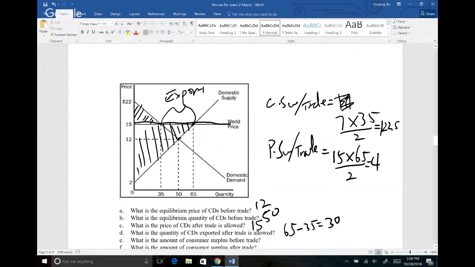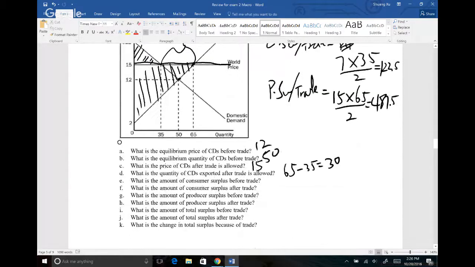That's 487.5. And then your total surplus with trade. So it's going to be the 122.5 plus 487.5. Total should be 610.